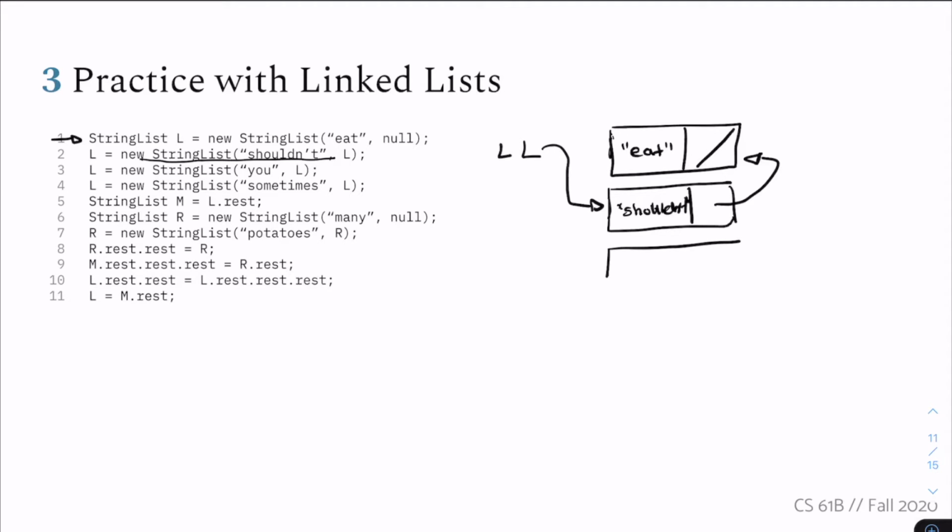I won't talk through it as detailed, but it's basically these 2 lines. We create one that says U, point it at shouldn't, we adjust L, and then we create the last one, which is sometimes.